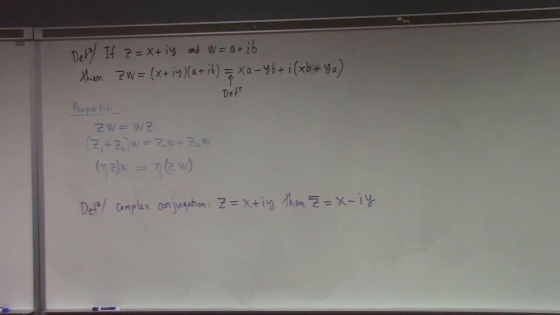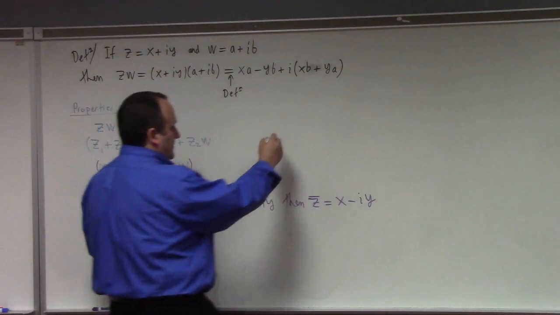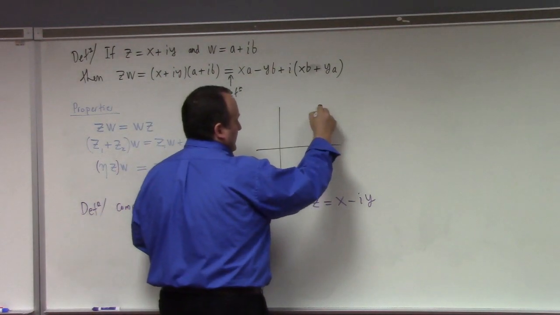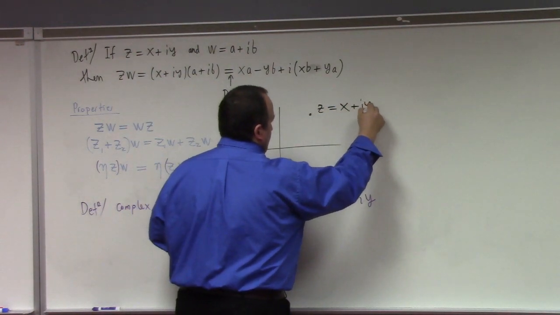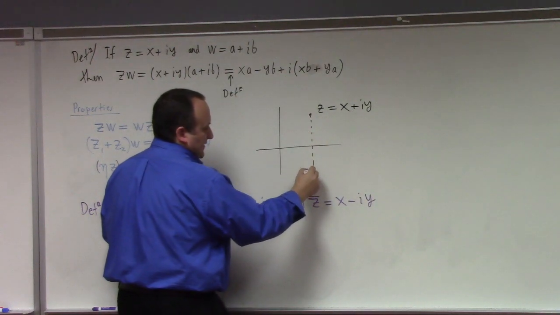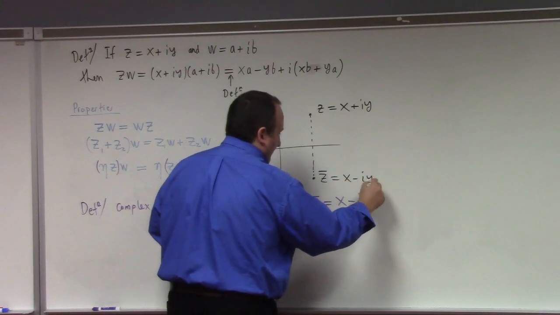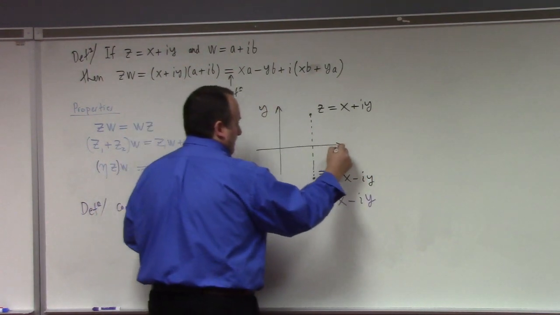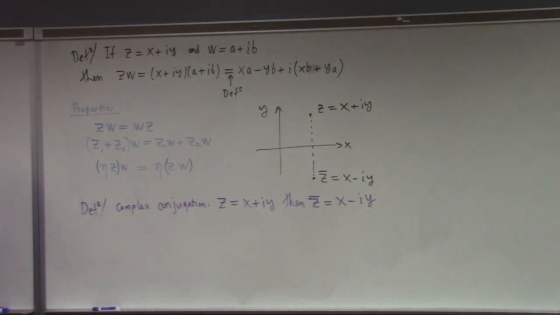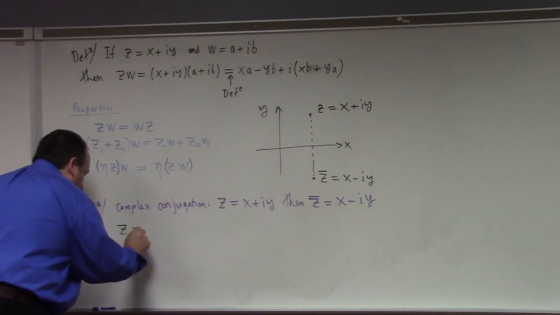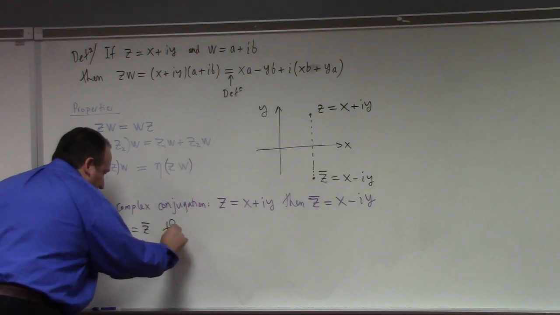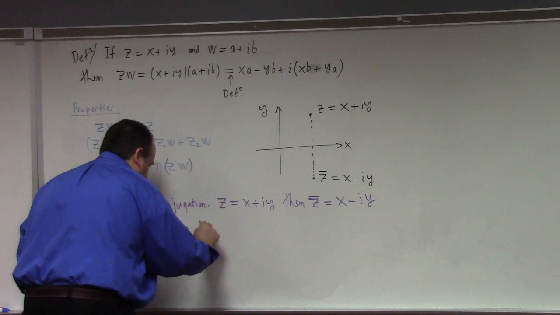So complex conjugation is this, right? Geometrically, what does that look like? If I have up here z equals x plus iy, where's the conjugate? Flipped over the x-axis, right, it's over here. It's like reflecting over the x-axis, just like you said. So what would it mean, for example, if z was equal to z bar? Then y equals 0.